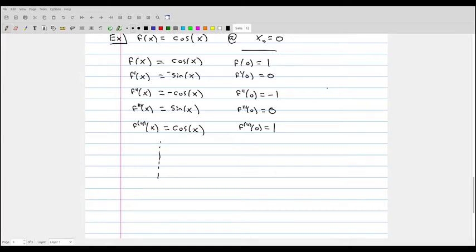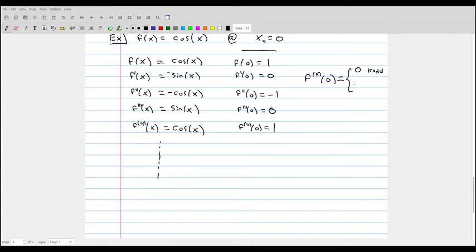So the kth derivative of the function at 0 is going to be equal to 0 if k is odd. I will say it'll oscillate between negative 1 and positive 1.